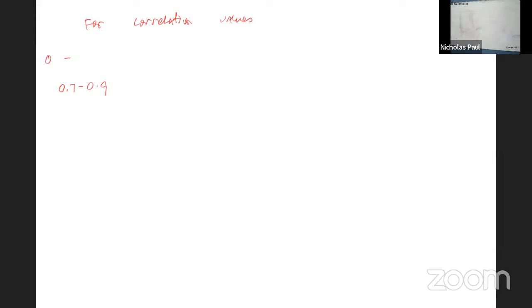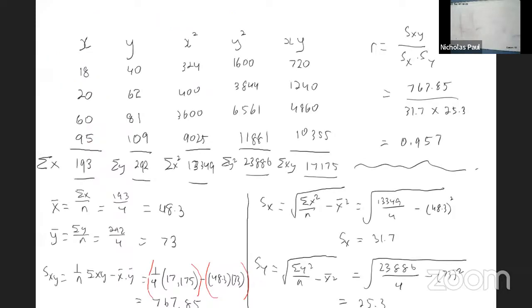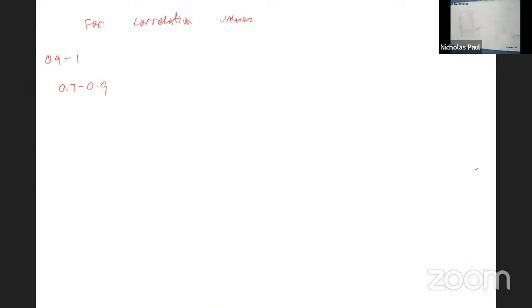This is a really important chart. So that's 0.9 to 1, 0.7 to 0.9, 0.5 to 0.7.